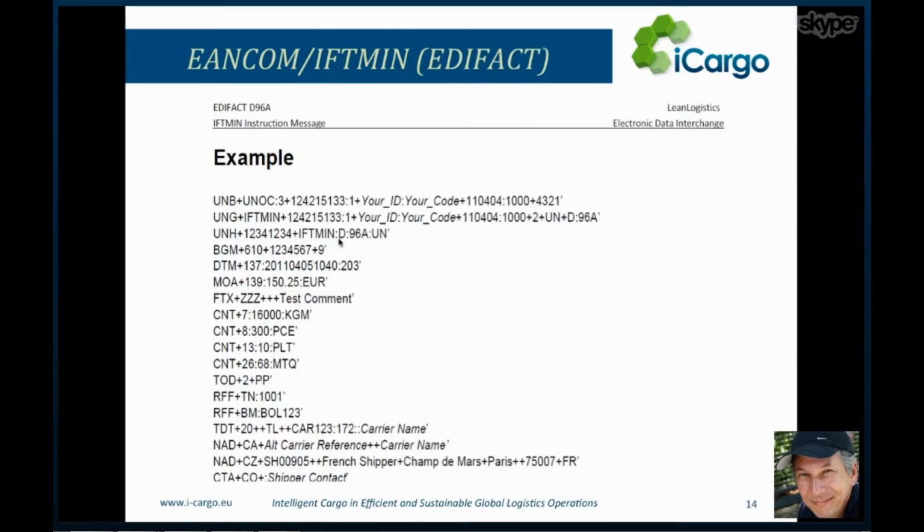And in a similar case for Unilever, we used the same message standard, but then in EDIFACT format. Well, in principle, this can all be used, and it is just an example that you can use your own message standard and you are not bound to the iCargo one.